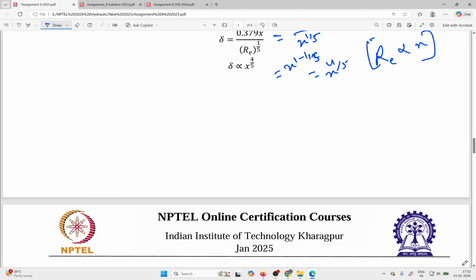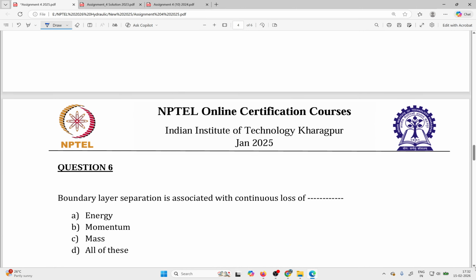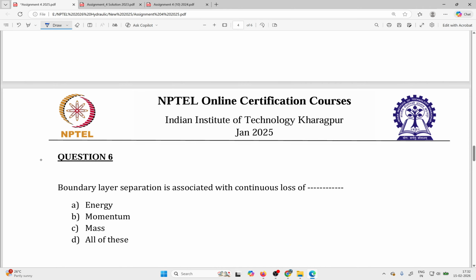Next question. Question number 6. Boundary layer separation is associated with continuous loss of energy, momentum, mass, or all of the above.